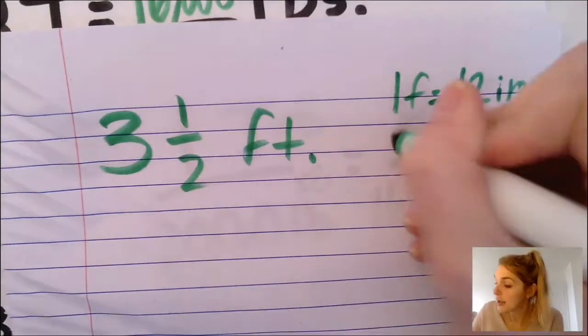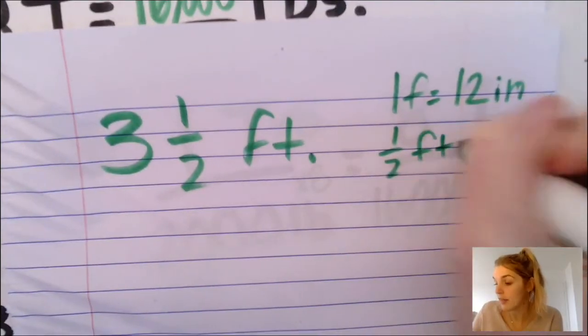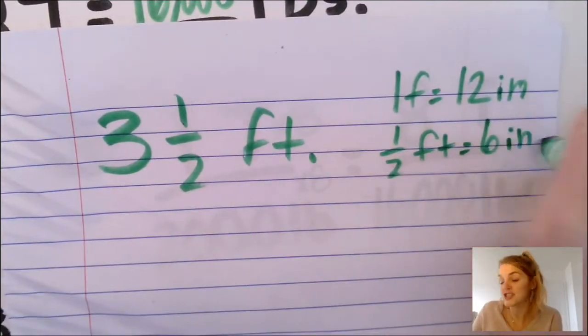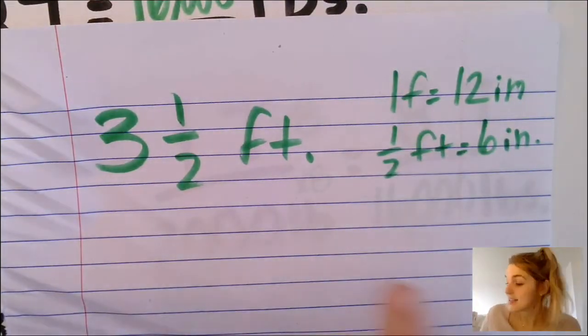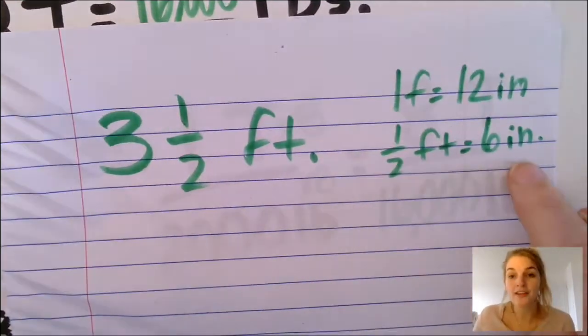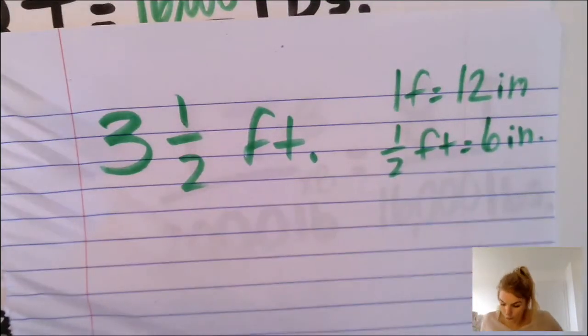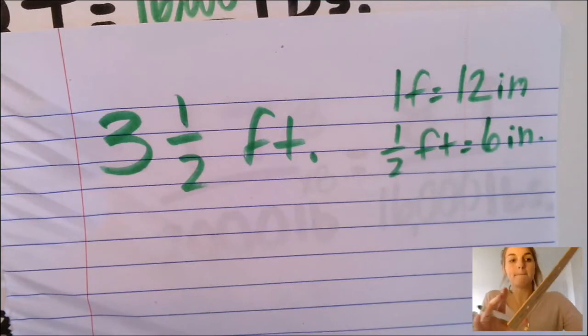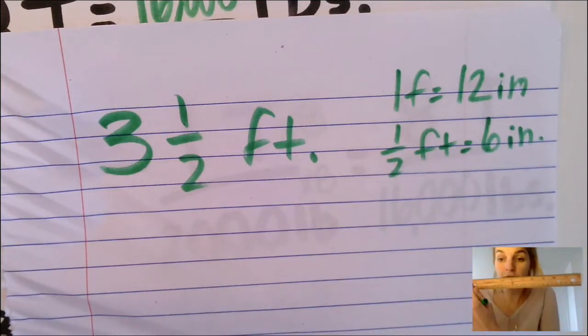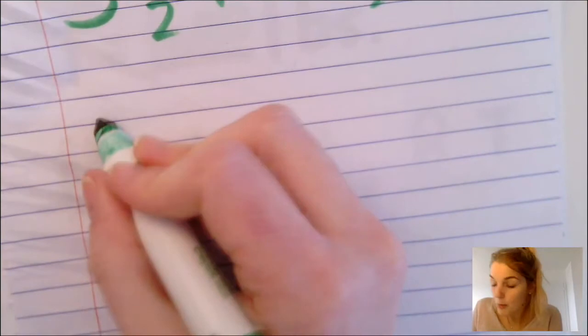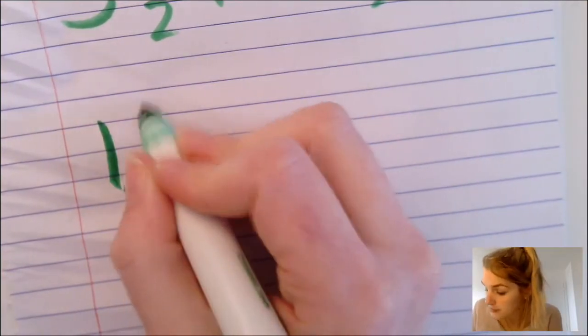So if we're talking about a half of a foot, we're talking about 6 inches. Because half of 12 is 6. In a ruler, half of this would be 6 inches. That's our middle point.